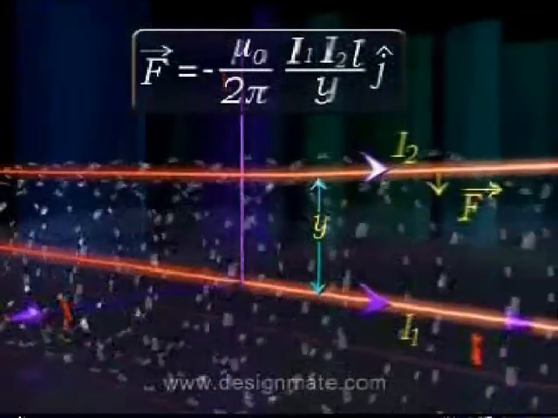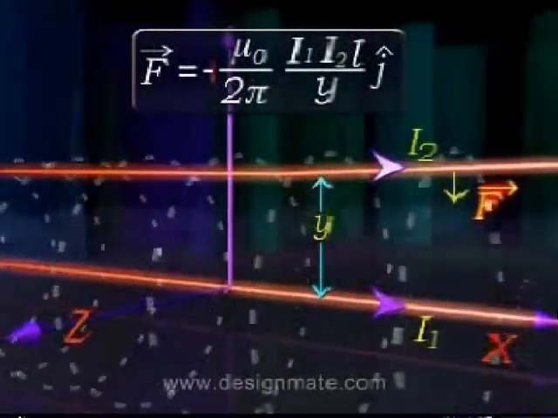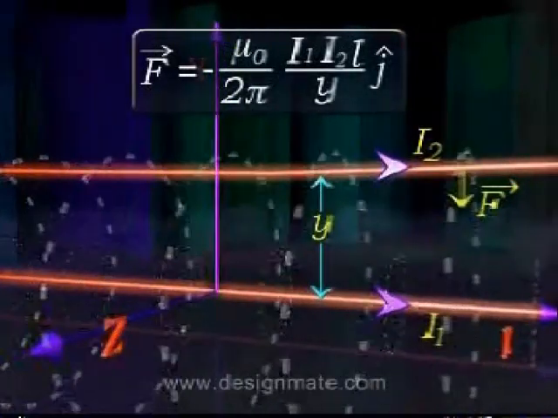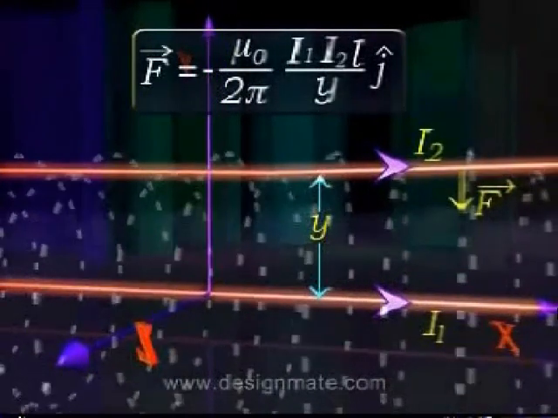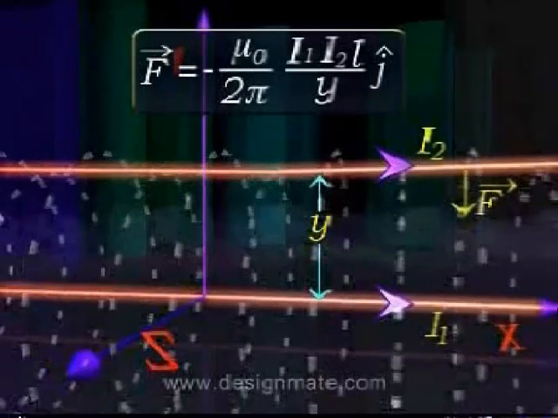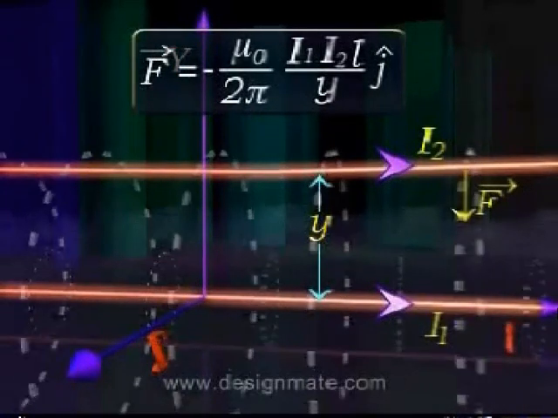The equation shows that the force vector F is acting on the wire 2 in the negative y direction, which is towards the wire 1. So, it is an attractive force.